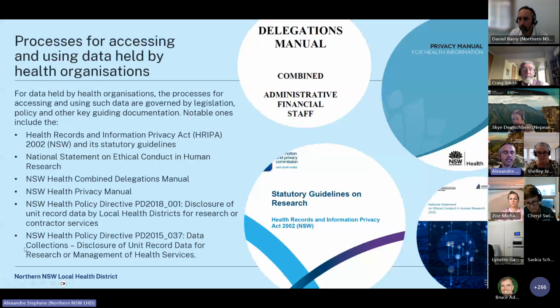The lens, and Dan's already mentioned it, is from New South Wales. We haven't gone to the lengths of trying to figure out what it is in the other jurisdictions because you can see it's fairly involved. But we think that the main concepts or the key messages should be the same or very similar. So each state or jurisdiction will have privacy legislation, the national statement is a national document, and there may or may not be additional guiding documentation that operationalizes the instructions.